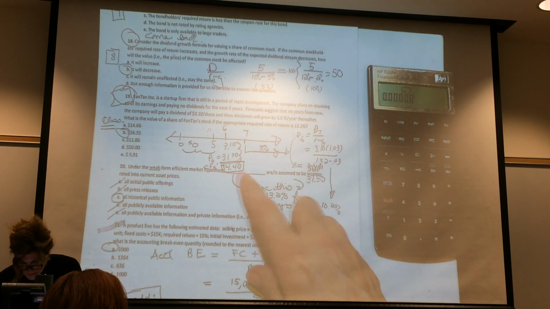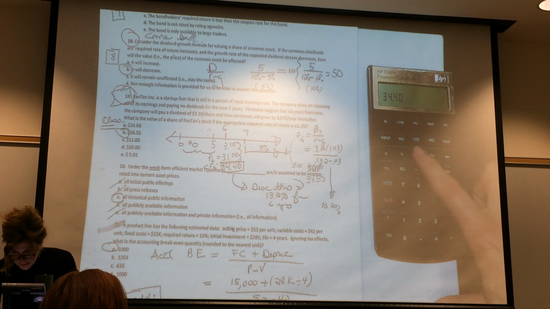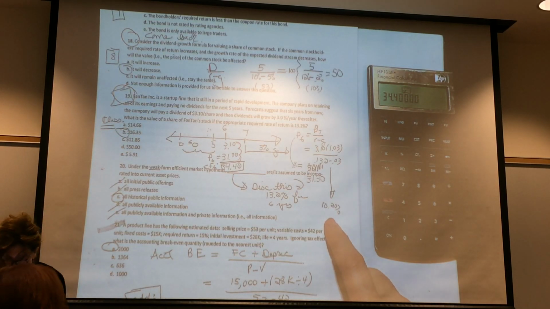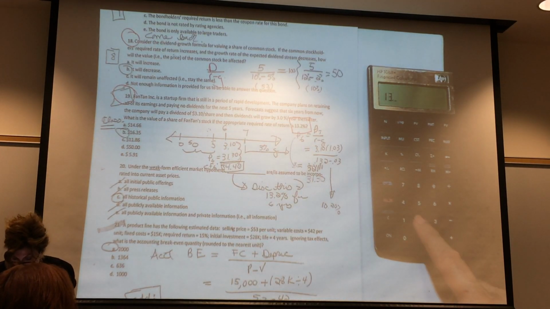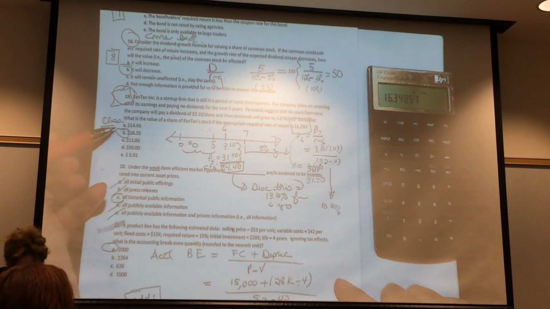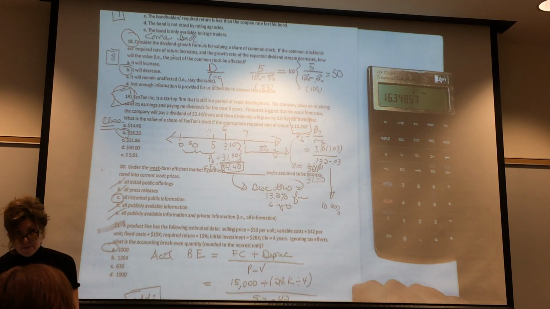Cash flow 6 is $34.40. I'm going to discount it at what rate of return? 13.2. Down arrow key, net present value, $16.35. Is that coming back to you?